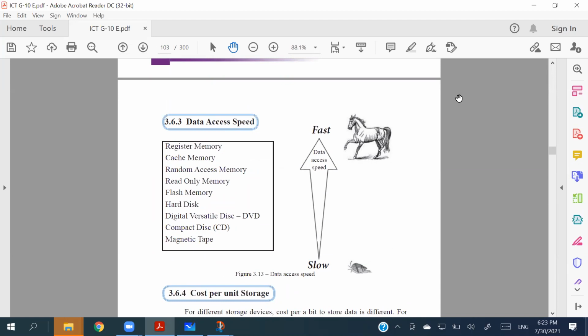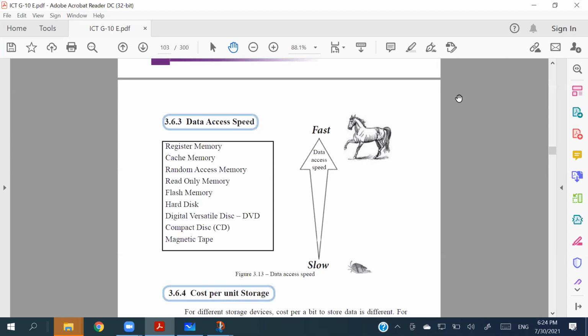Actually, it's the fastest one, right? Cache memory is comparatively slow to the register memory, and random access memory is comparatively slow to the cache, right? Likewise, ROM, flash memory, hard disk, and it goes likewise, right? So the magnetic tape is the slowest. It has the slowest data access speed, right?